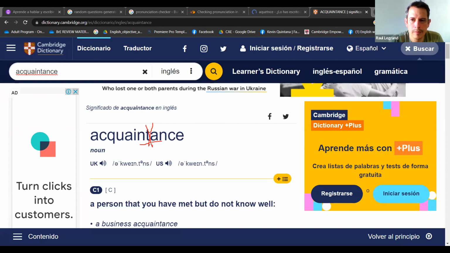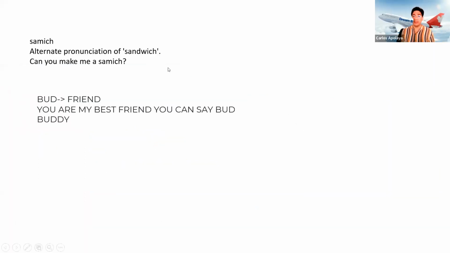This is what we call standard English. If you do this, it's standard because everyone can understand what you are saying. Look at the stress. I'm using the stress, you see? But you say this if you know this person pretty well.